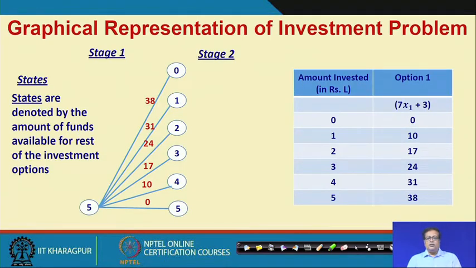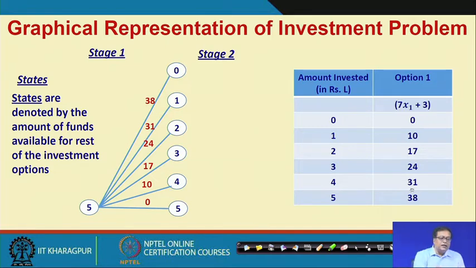Now, let us see how these things, the stages and the states, combine. And let us look at how we can graphically represent the whole problem. Once again, on this side of the screen, we have put the amount invested versus the options. So, option 1: these are the 0, 10, 17, 24, 31 and 38.